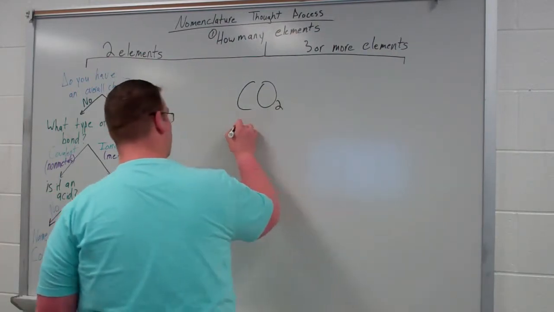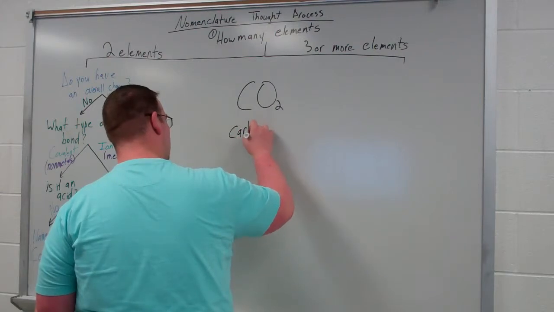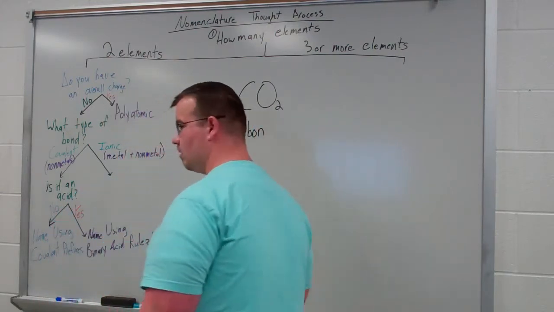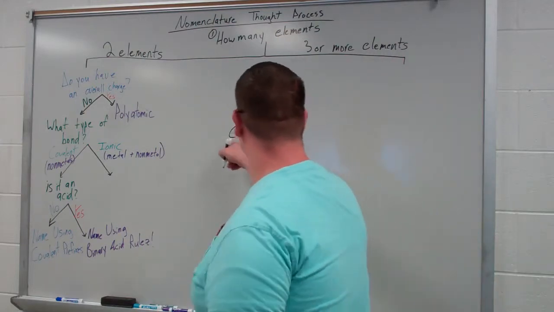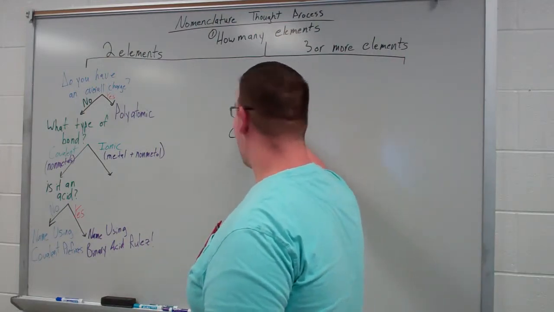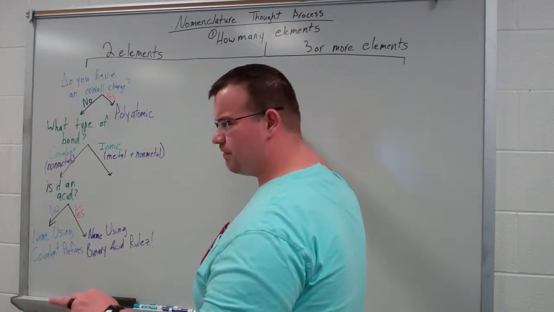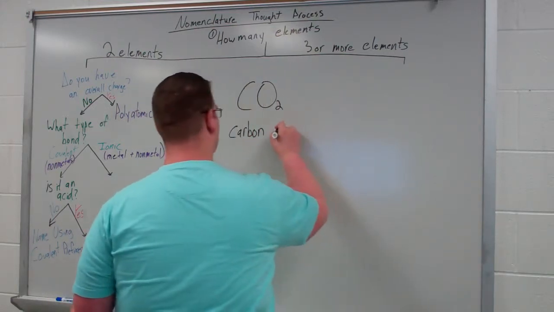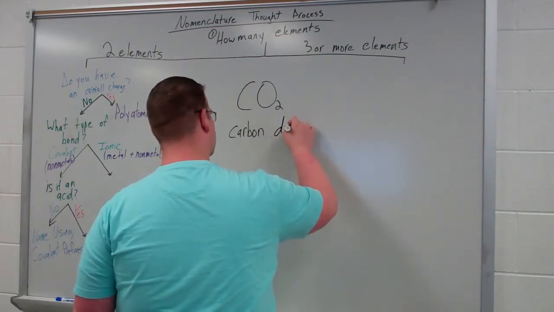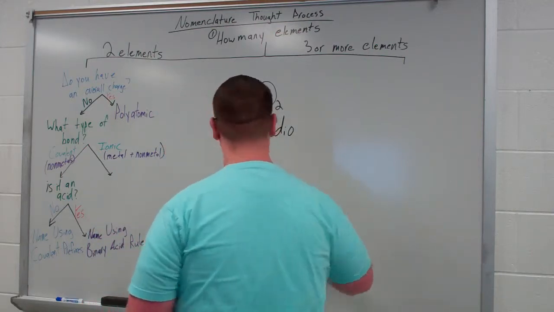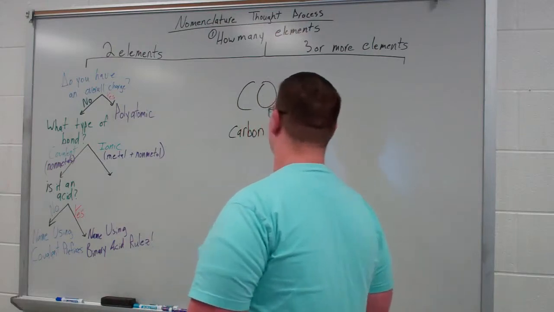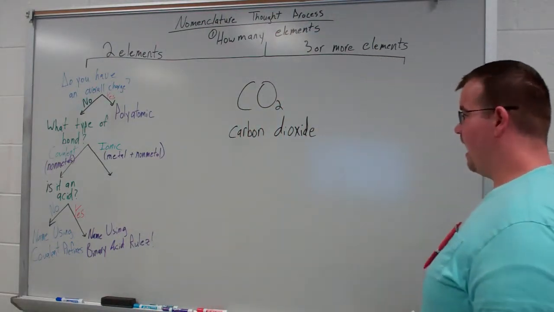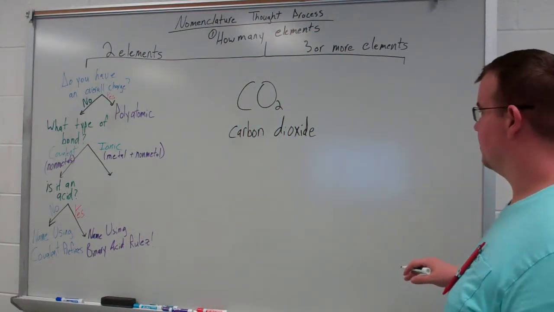If it was 2, we would. So carbon, di, because we always put the prefix with the second one. Oxygen, but we remove the ending and add -ide, so dioxide. So carbon dioxide.